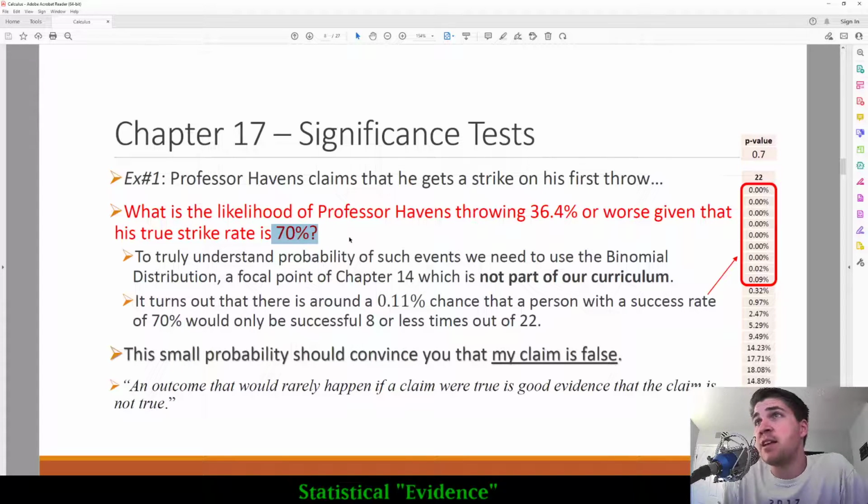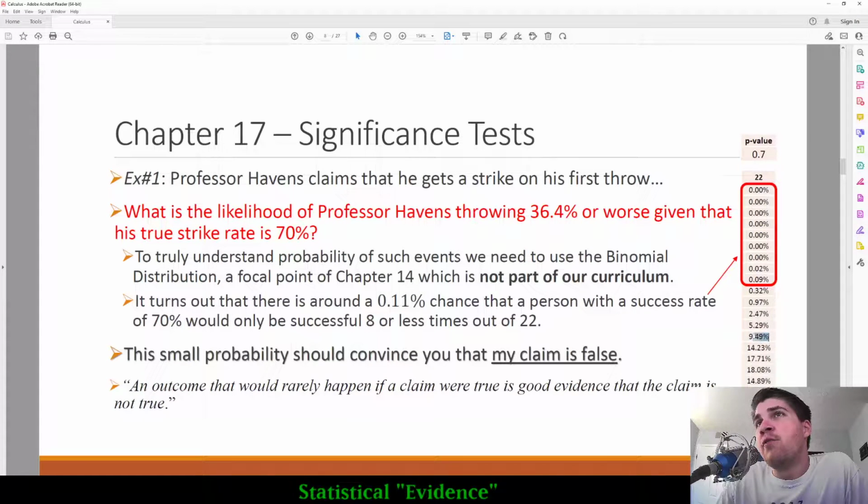Now, let's say I got 13 out of 22 strikes. That is a lot lower. But if we continue on our probability, 9, 10, 11, 12, 13, there's about a 10% chance that someone who has a 70% strike rate would only throw 13 out of 22 strikes, which, I say only, but 13 out of 22 is pretty good.